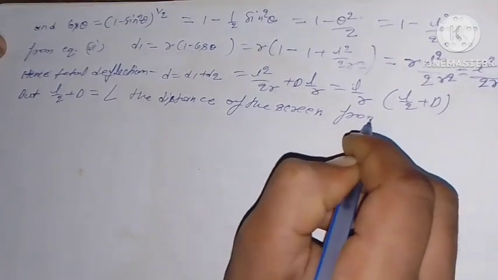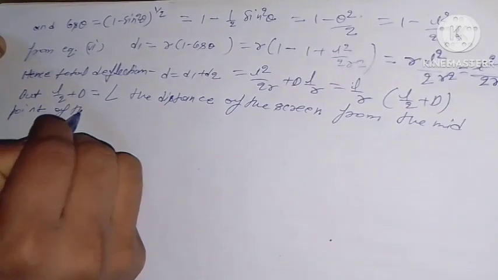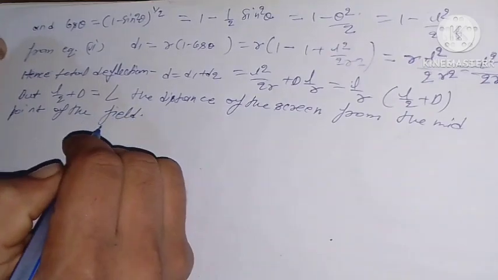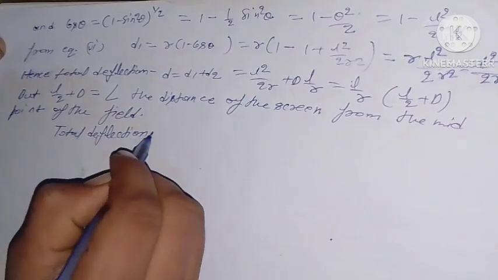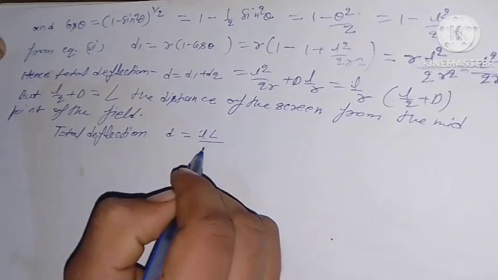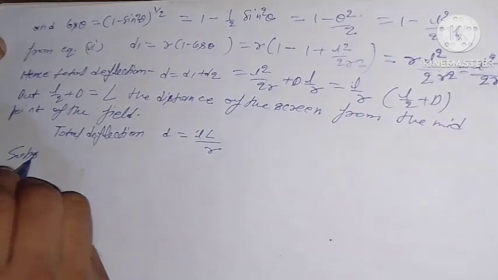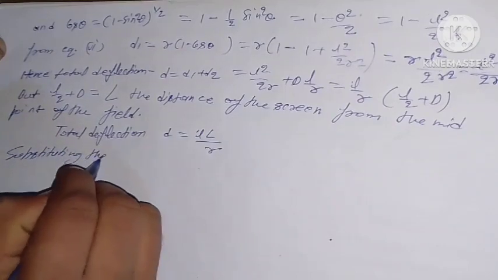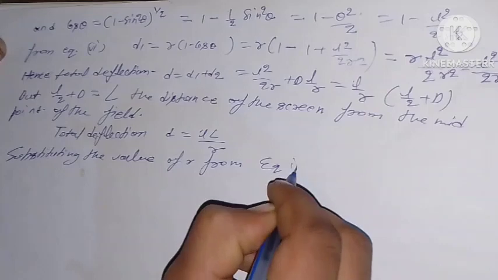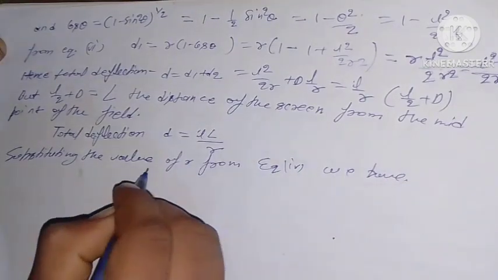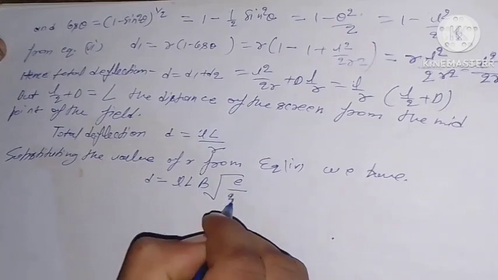Total deflection D equals L capital L by R. Substituting the value of R from equation number 4, we have D equals L capital L B under root of e upon 2mVA.